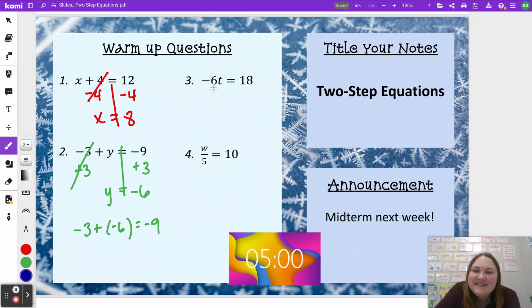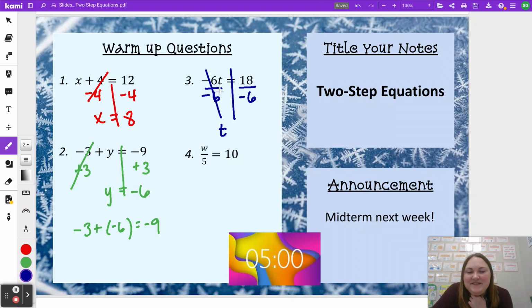That third problem says negative 6t equals 18. We need to remember that when you have a number and a variable right next to each other, like we have here, it means multiplication. So the opposite would be division. I want to divide both sides of my equation by that negative 6. Dividing by negative 6 is going to help me cancel out those negative 6's and get t by itself.